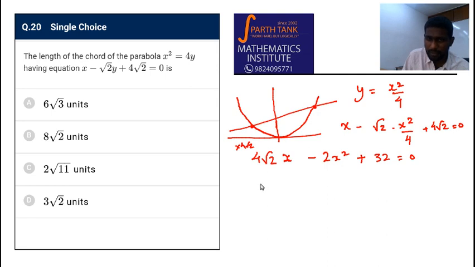Or again divide by 2 a little bit: x squared minus 2 root 2 x minus 16 is 0.